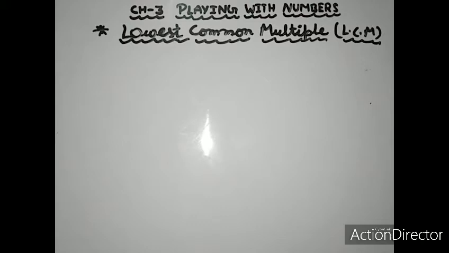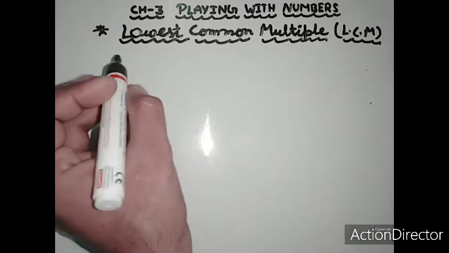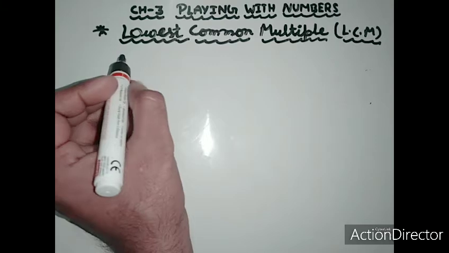Okay, so the definition of LCM is: the lowest common multiple of two or more numbers is the smallest number which is a multiple of each of the given numbers. So here we write the definition of LCM.